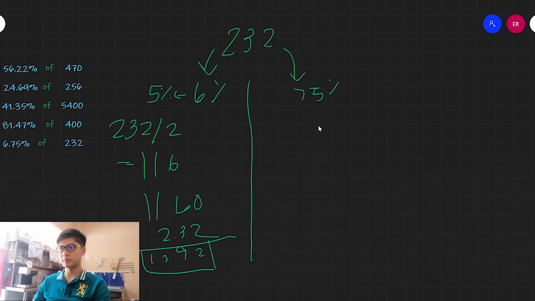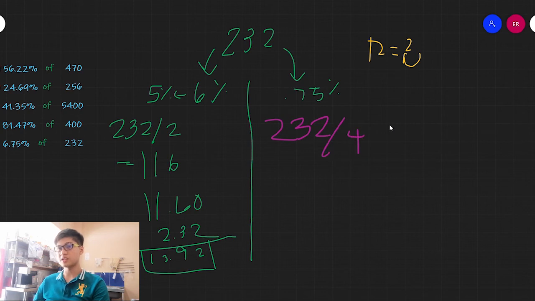All right, now let's get the remaining 0.75%. So getting 75% of 232 is like dividing 232 by 4, and then our answer would be multiplied by 3, so we can get 75%.